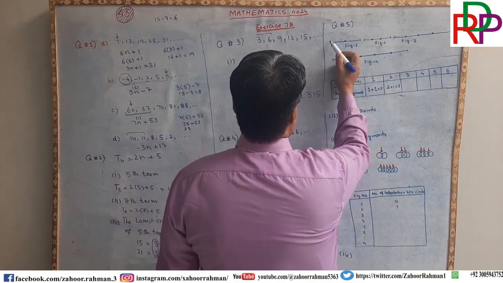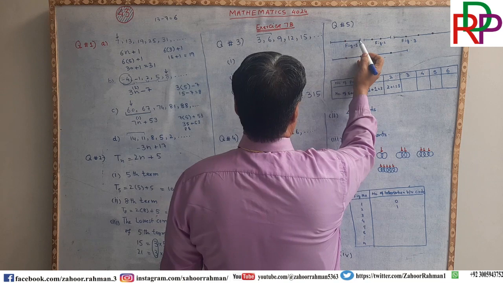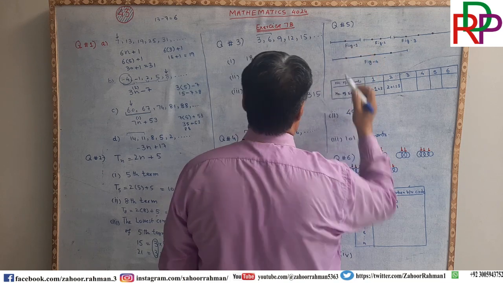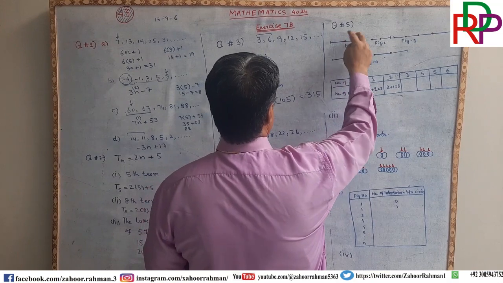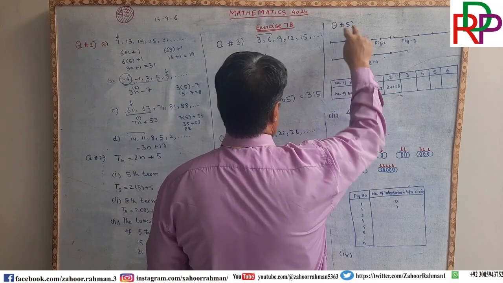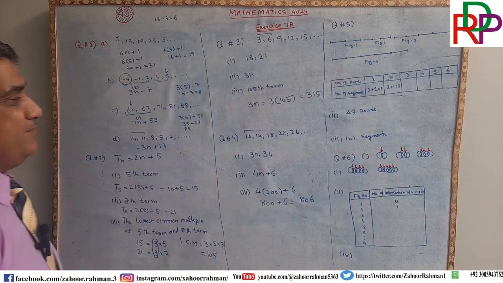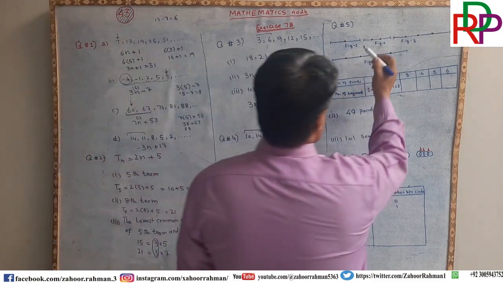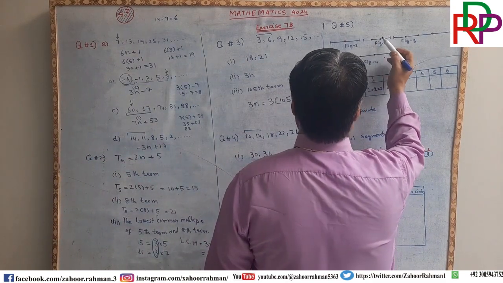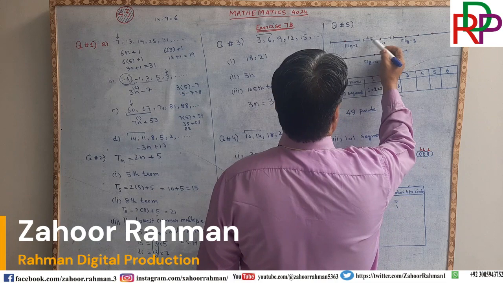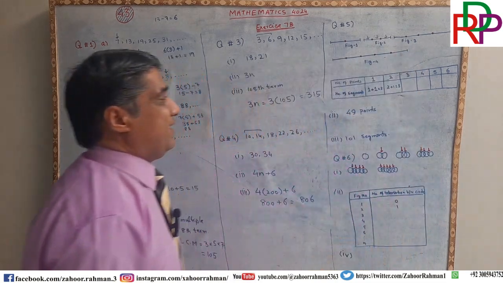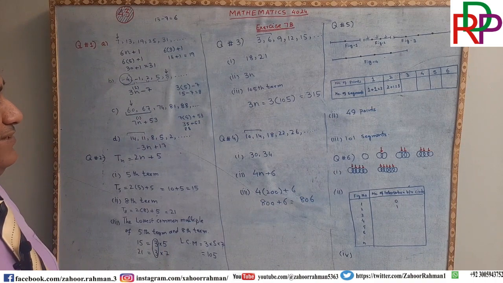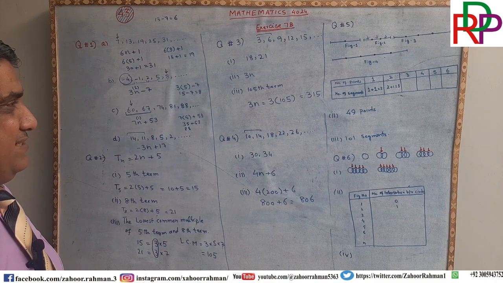For example, there is a bar, and when there is one dot, they will divide it into 2 equal bars. When there is another bar and there are 2 points, so 1, 2, and 3 will be the number of fragments or segments.